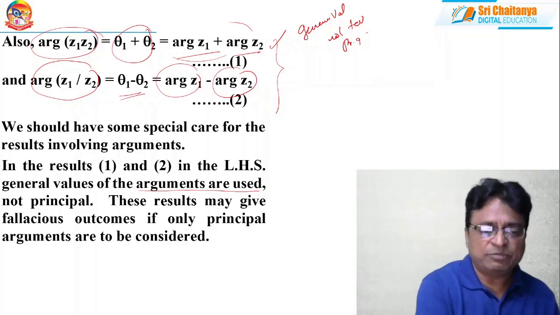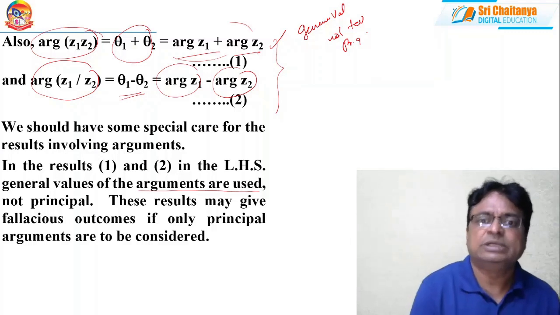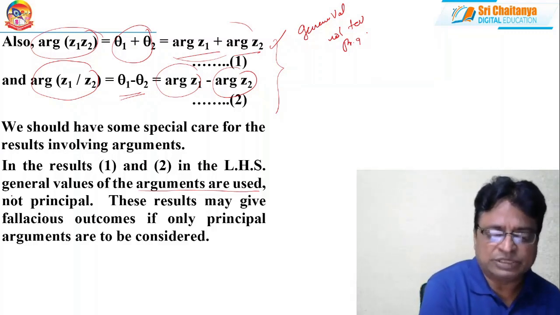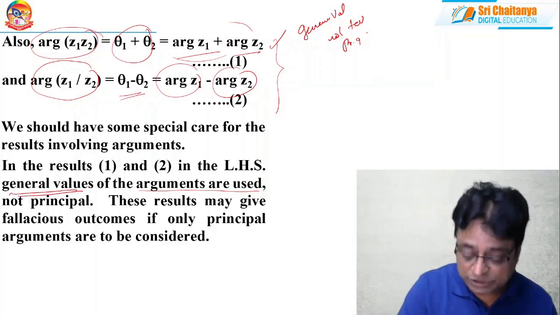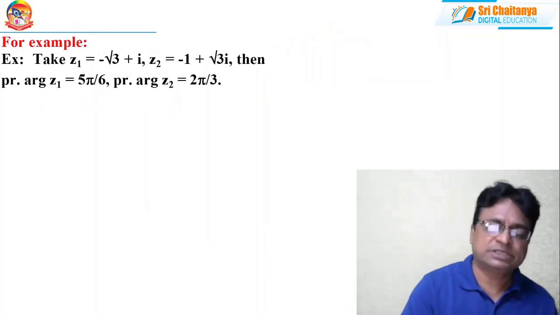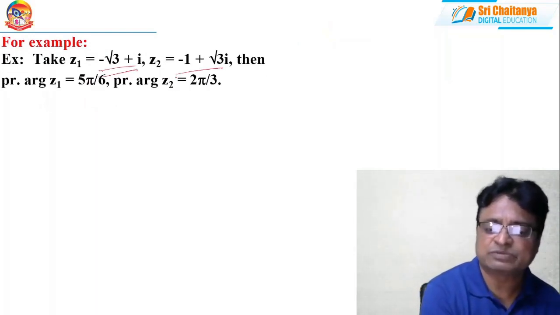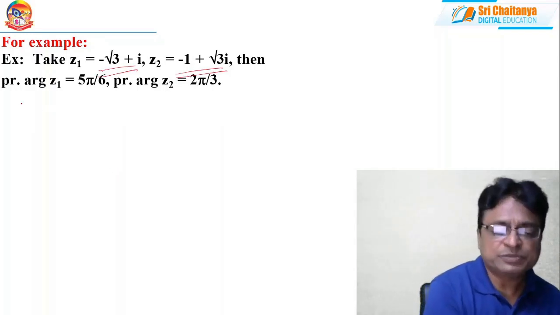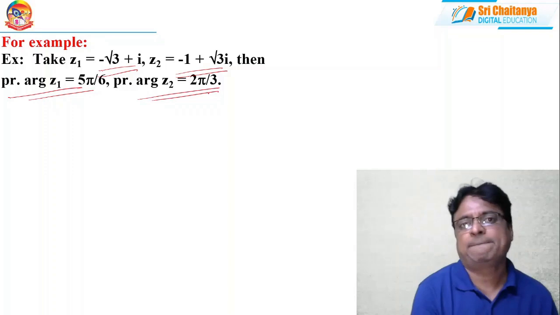So whenever I am using the argument of Z1 Z2 or the argument of Z1 by Z2, they are the general values of the argument, not the principal values. If you use the principal values, you may get wrong answers. See, for example, if Z1 is equal to minus root 3 plus i, and Z2 is equal to minus 1 plus i root 3, what is the principal argument of Z1? 5 pi by 6. The principal argument of Z2 is 2 pi by 3.